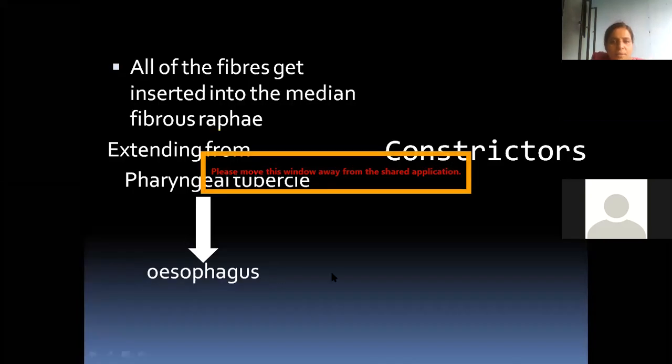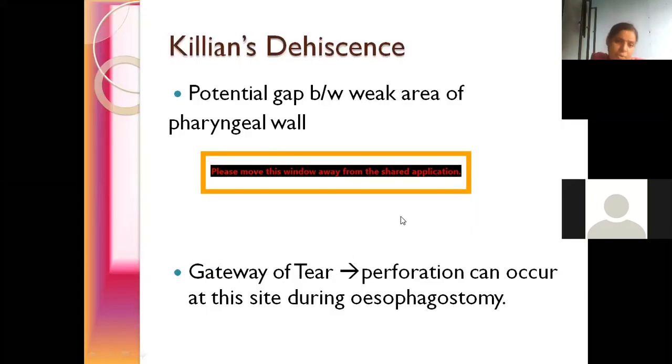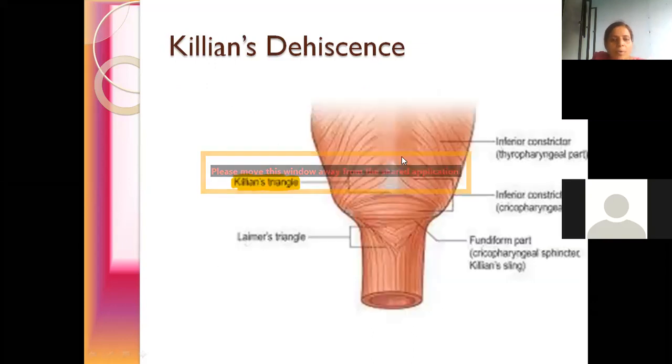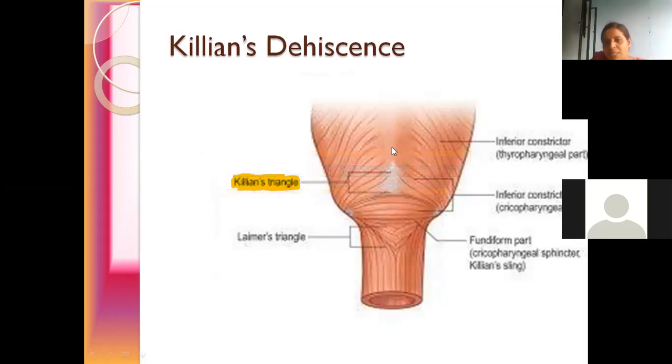Then there is a term, sometimes there will be a question, called Killian's dehiscence, a potential gap between weak areas of the pharyngeal wall. If you have seen just now, thyropharyngeus is the upper one and cricopharyngeus is the lower one.